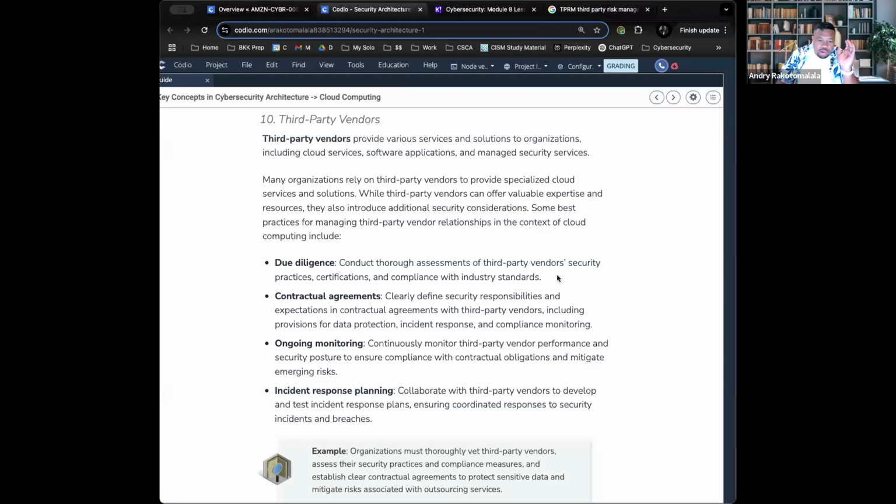Typically, this would be through a process like a form of some sort, filled out by the third-party vendor saying, yes, we have access control. Yes, we have network segmentation. No, we don't send your company data to our own third parties. And no, we don't process it unsecurely.